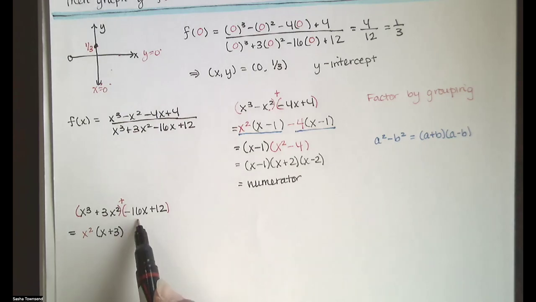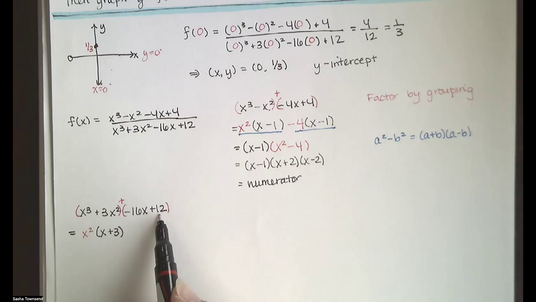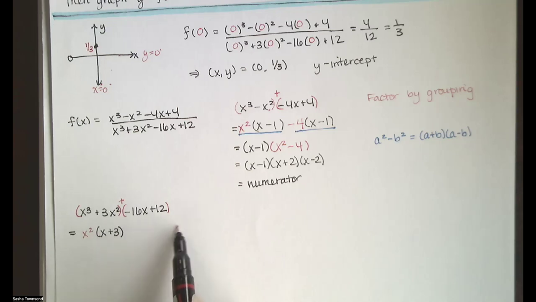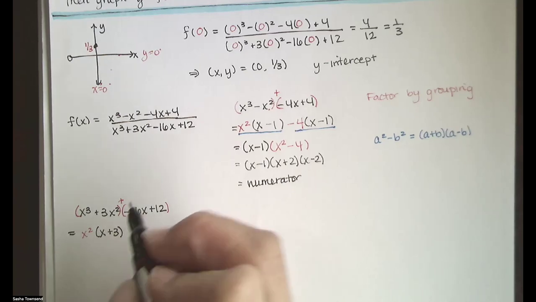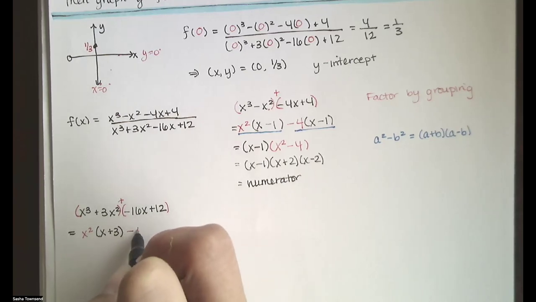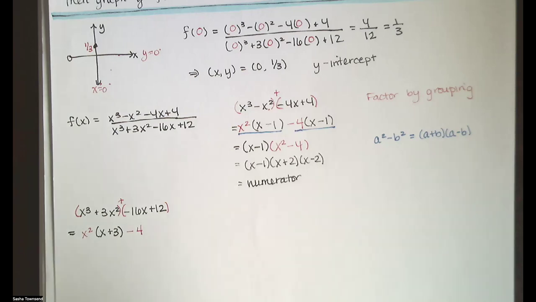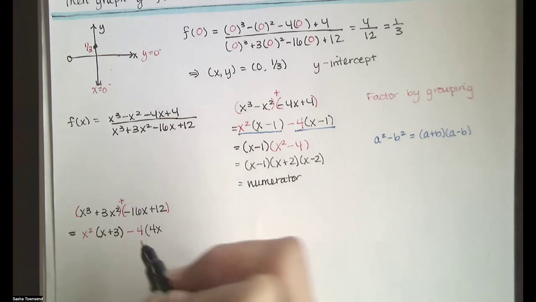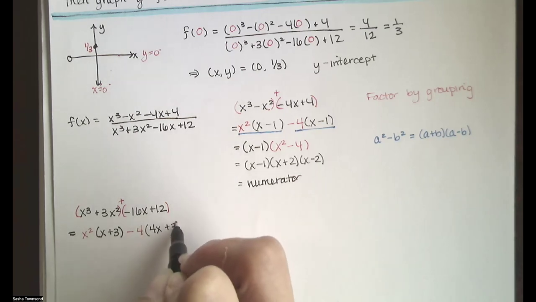And then we look at the -16x and the 12. We say to ourselves, do they have anything in common? Well, 16 and 12 have a factor of 4 in common. But again, when we factor something out from here, we want an x as our first term, because we're hoping that we'll have an x plus 3 left when we're done. If I factor out a -4, then -4 times 4x would give me the first term, and -4 times +3 would give me the second term.